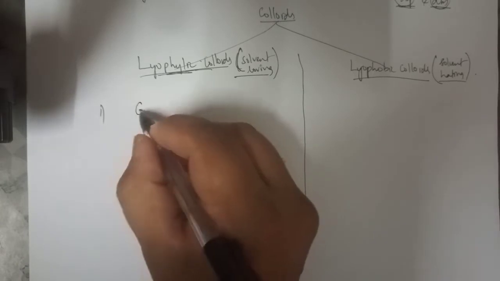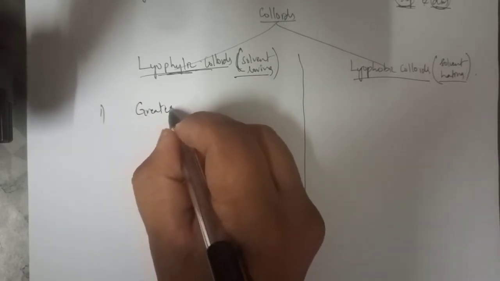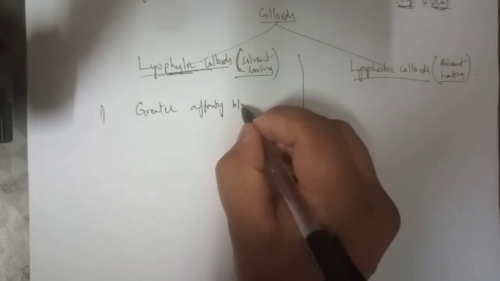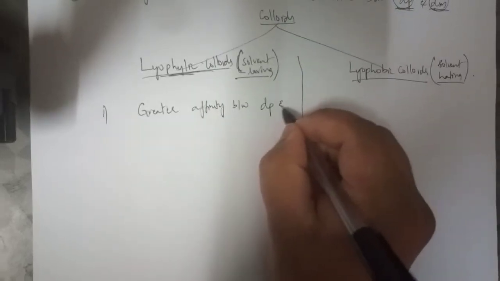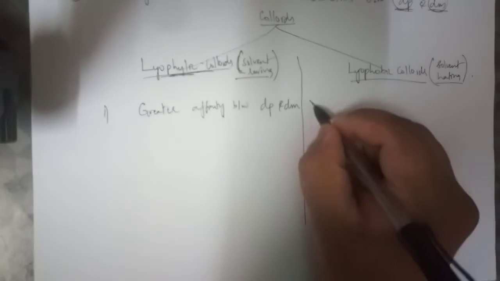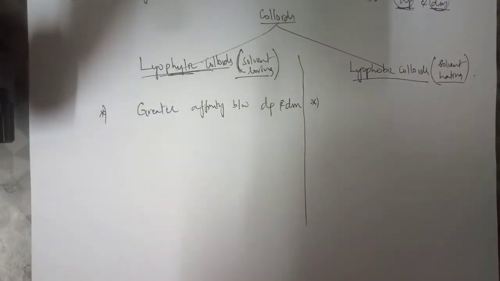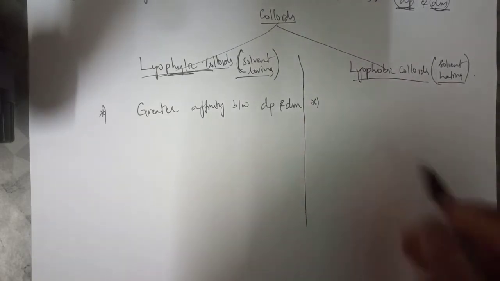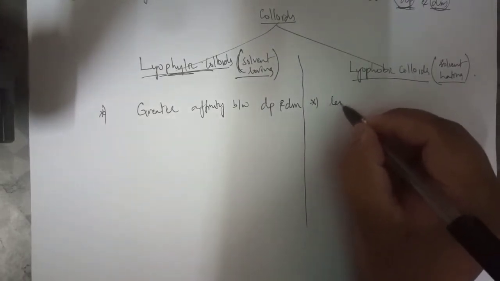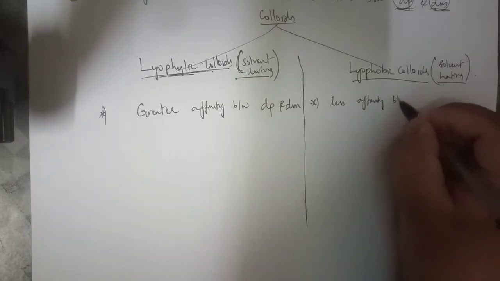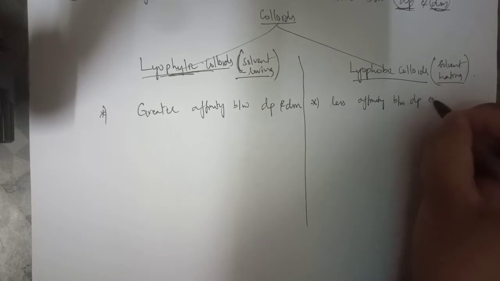So they have greater affinity towards each other between DP and DM. On the other hand, what do you say about lyophobic? They don't like each other at all, so less affinity between DP and DM.